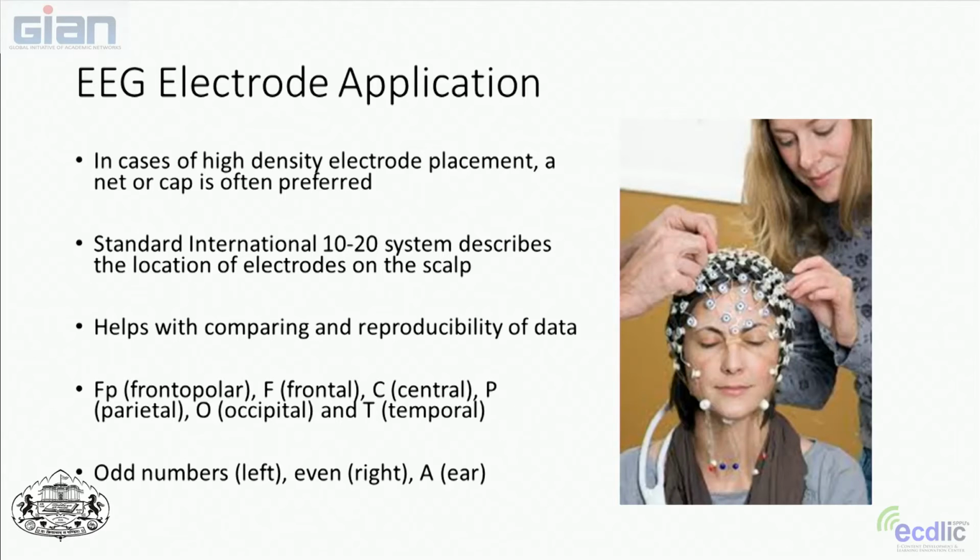So you use Fp for frontopolar, F for frontal, C for central, P for parietal, O for occipital, and T for temporal. And we talked a little bit about each of these lobes yesterday. So we have the frontal, the parietal, the occipital, and the temporal. And using this 10-20 system, the odd numbers represent electrodes on the left side of the head, and the evens represent electrodes on the right side. And these A channels represent ears.